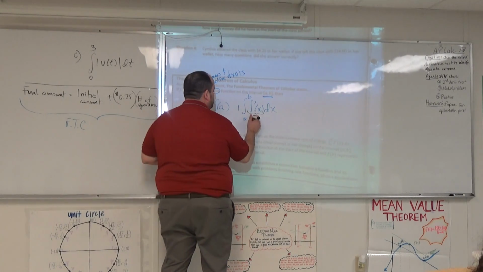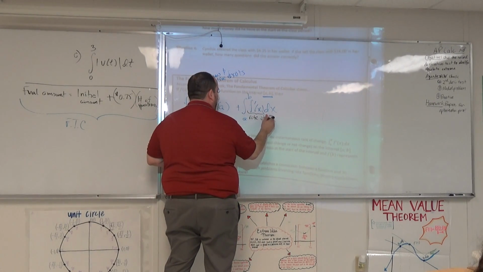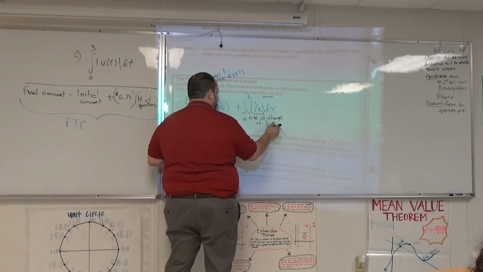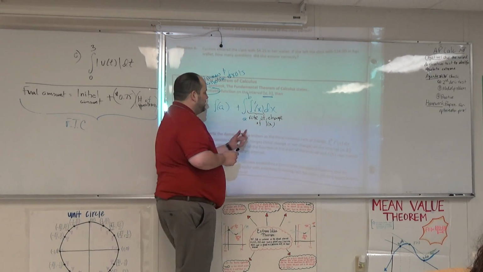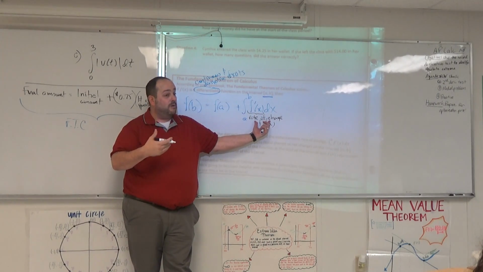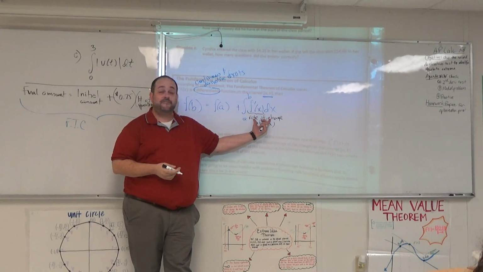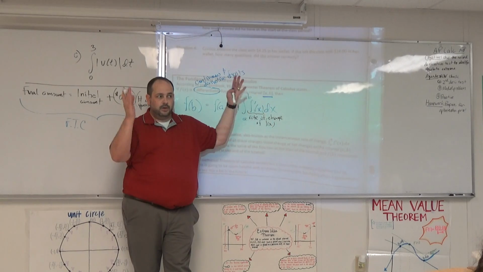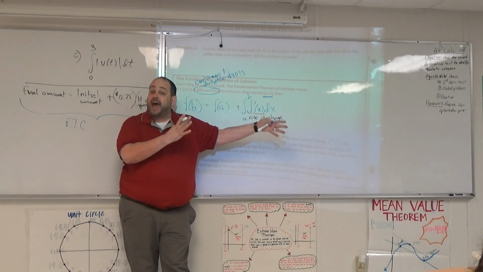This is the rate of change of f of x. Another way to say rate of change, it's telling you how fast the function changes at any particular time. Everybody okay with this? Derivative is a rate. It's how fast.